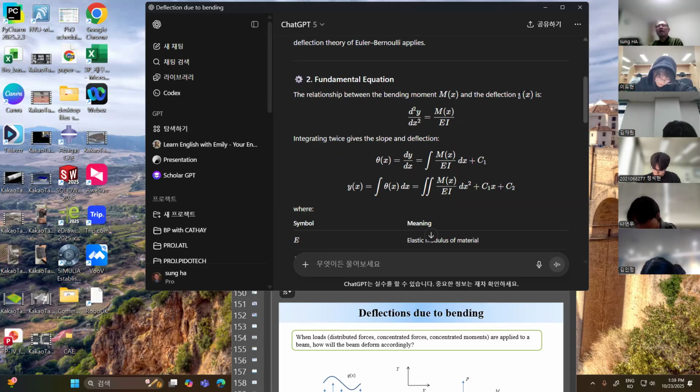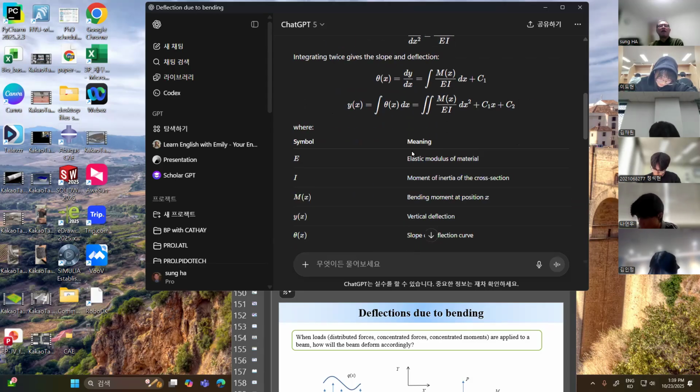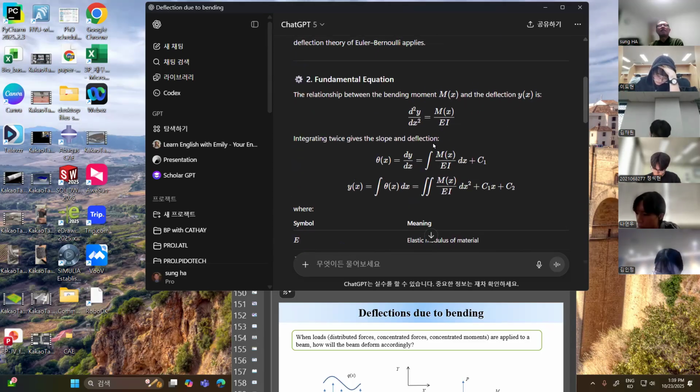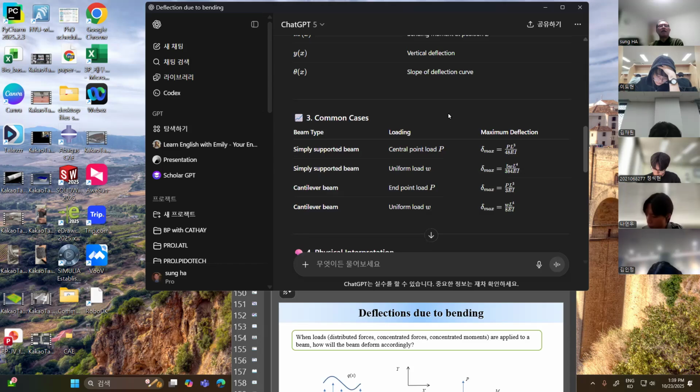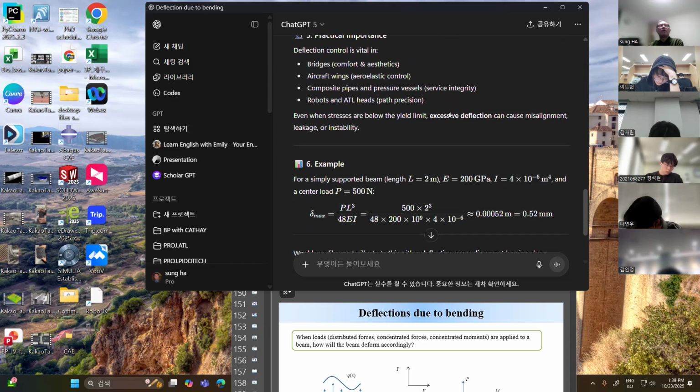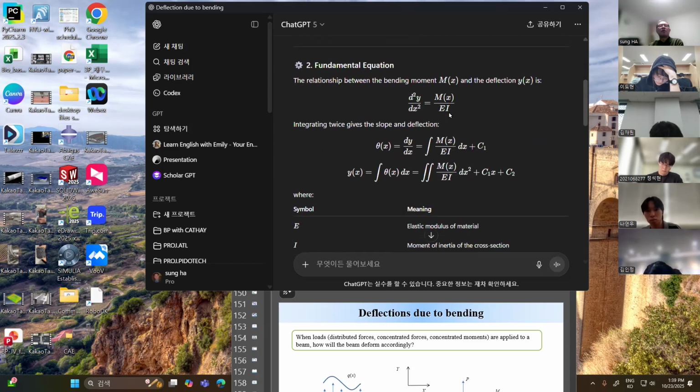We call it v(x), but they call it y(x). The second derivative is the moment over EI. This is the one we obtain. I don't want to go next because that's what we're going to cover, but you can see how it starts: moment over EI.